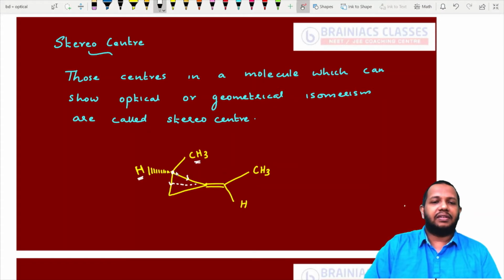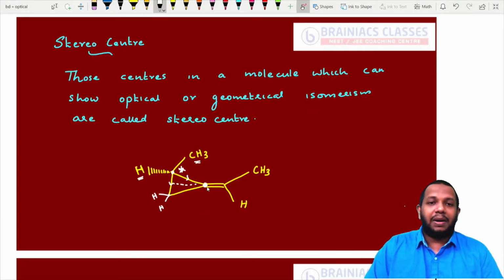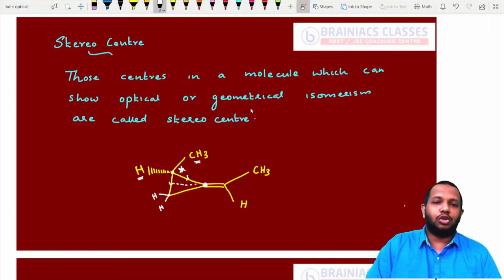So I can say this is a what center? Chiral center, or it is a stereocenter because it shows optical isomerism. Now the next one here cannot be, because both are hydrogen atoms, correct? Now when it comes to this carbon atom, it cannot be a chiral center because it has a double bond, but it can be a stereocenter because it shows geometrical isomerism.